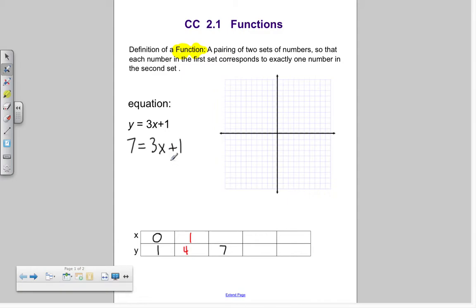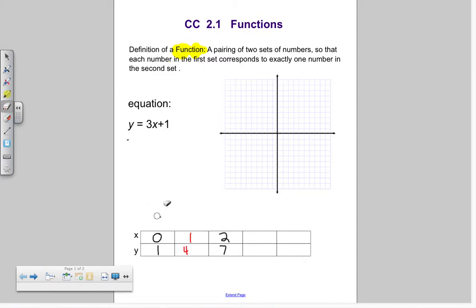Now I have to solve for x, so I subtract 1 on both sides, and I get 6 equals 3x, and I divide by 3, and I divide by 3, x equals 2. So 2 comma 7. I kind of knew it was going to work out like that, but I could have chosen another value, and it would have given me perhaps a fraction, but that's still okay.